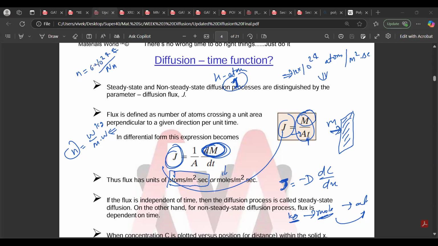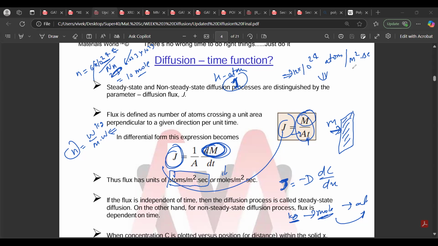The 6 cancels, and 10 to the power 24 over 10 to the power 23 gives 10. So you have 10 moles per meter square second.